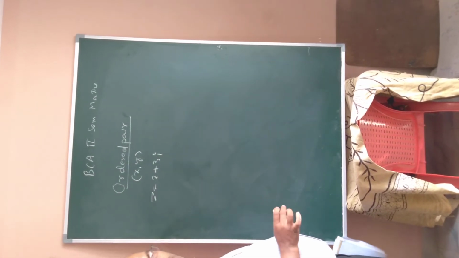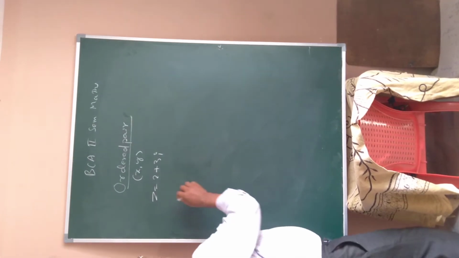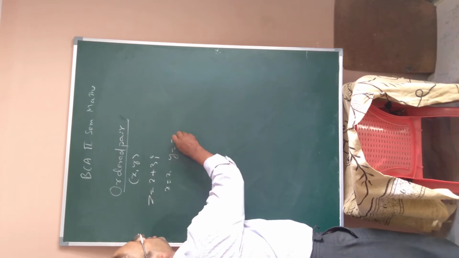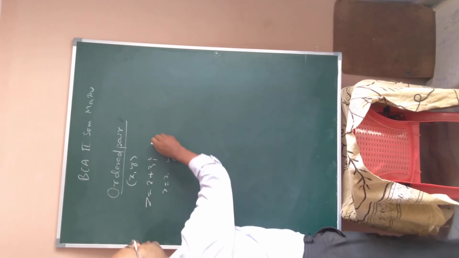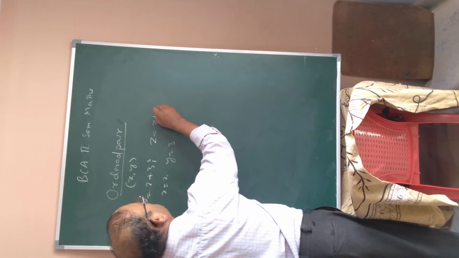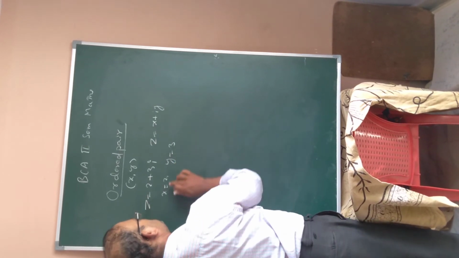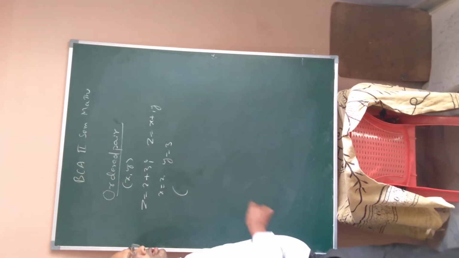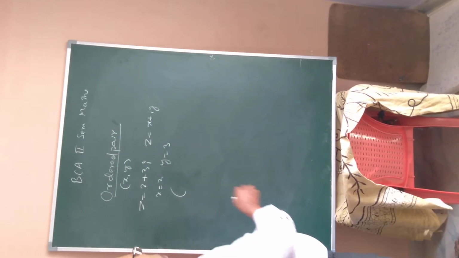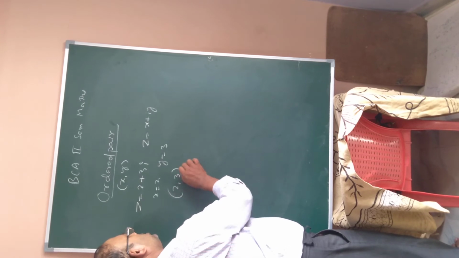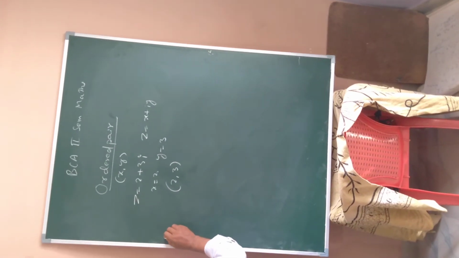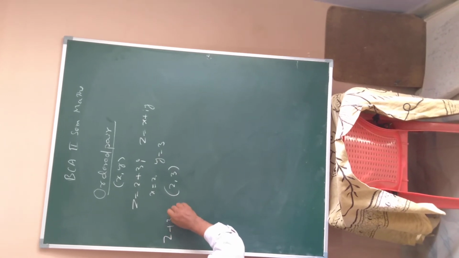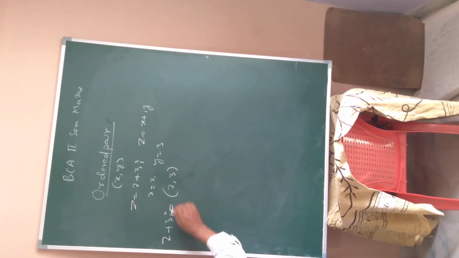It is a complex number. Comparing this with z is equal to x plus iy, x is equal to 2 and y is equal to 3. Writing these two terms in brackets, 2 comma 3. So 2 plus 3i is equal to (2, 3).